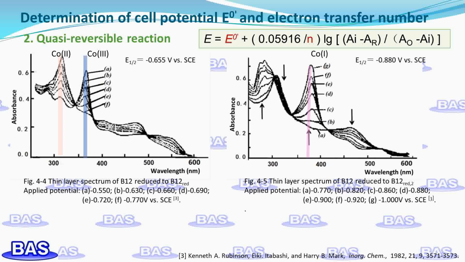The starting spectrum at -0.55 volts is derived from the initial B12, characteristic of trivalent cobalt, with an absorption band at wavelengths from 350 to 360 nanometers.